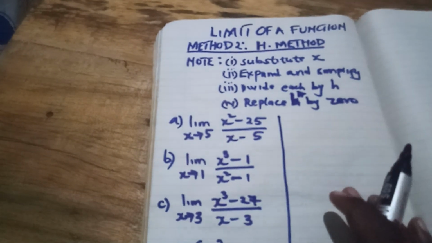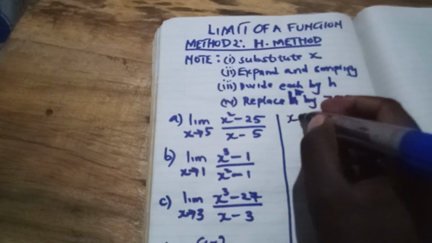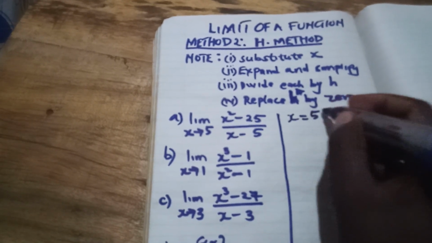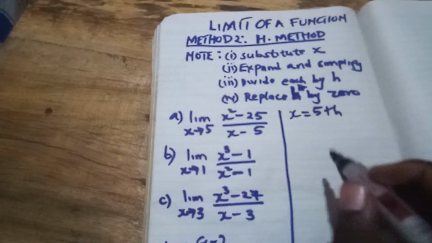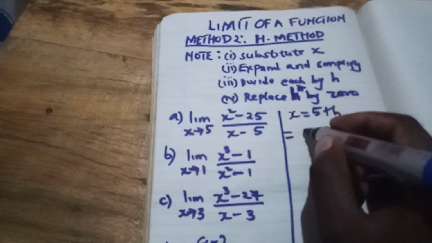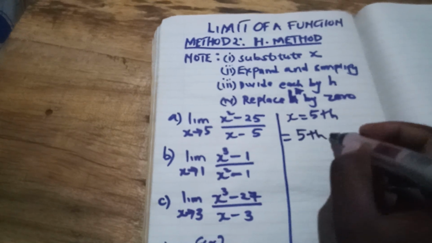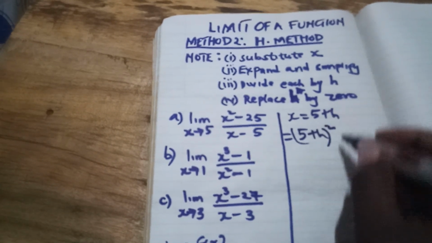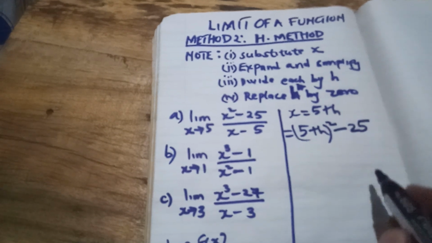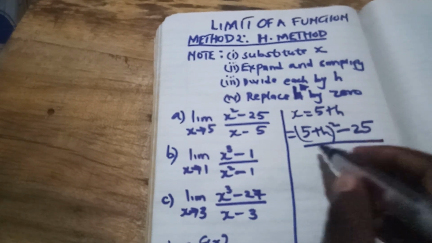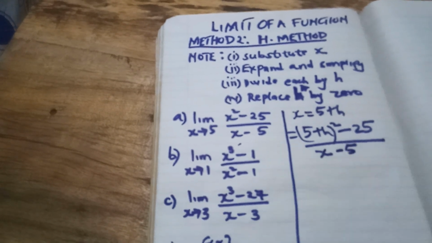Our x will now be represented by 5 plus h. Then we replace here, so we shall have (5 plus h) all squared, minus 25, out of our x minus 5.